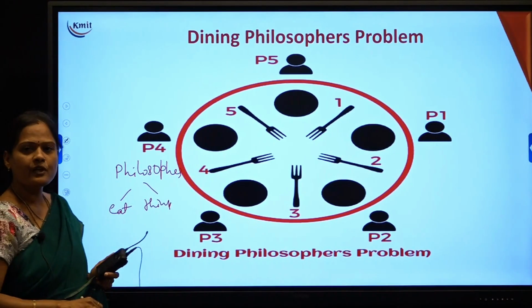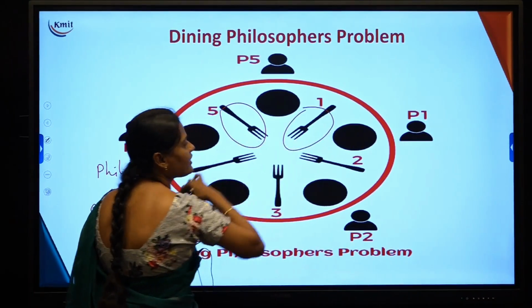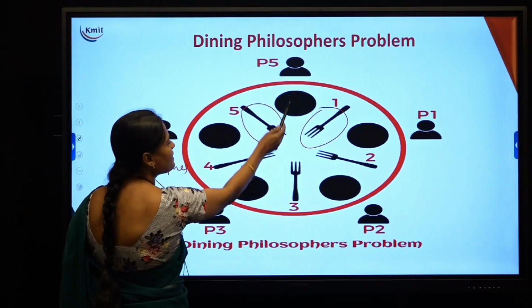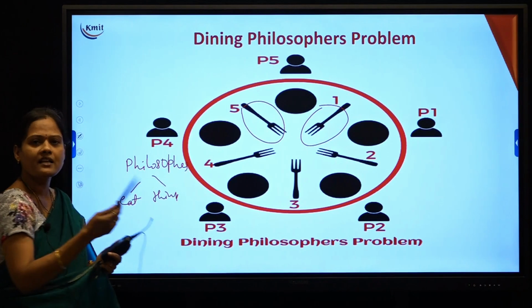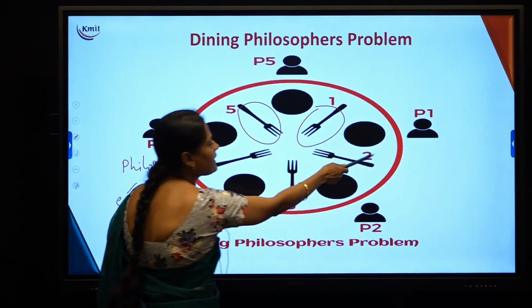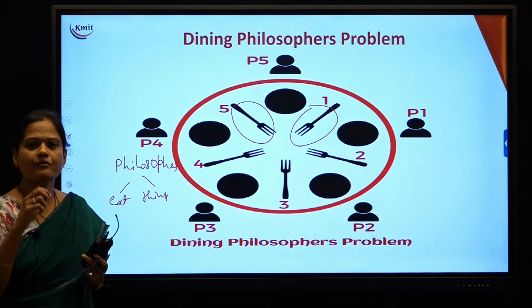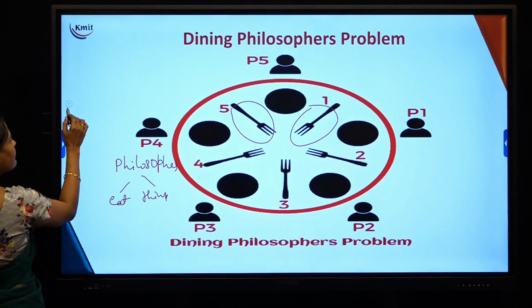If a philosopher wants to eat, he first has to grab two chopsticks and then continue with eating. For example, if philosopher P5 has grabbed both the left and right chopstick and started eating, P1 cannot go for eating at the same time. So this is also a critical section problem. Now we will see how the solution can be given to this dining philosophers problem.